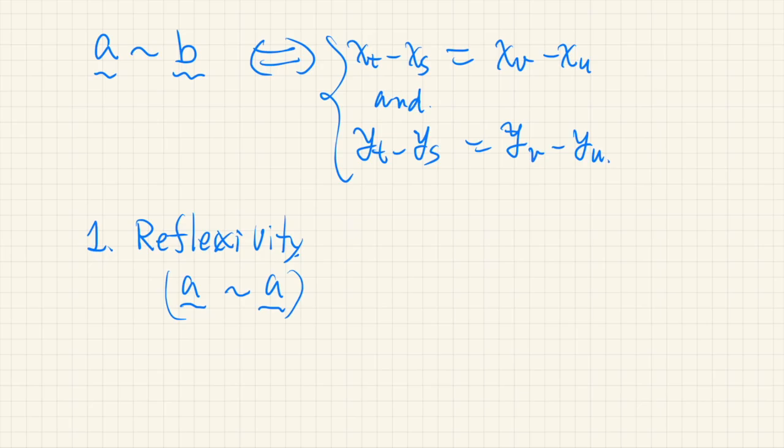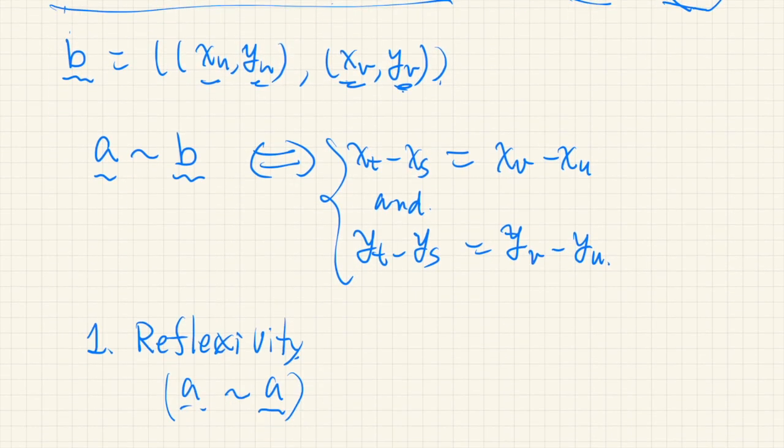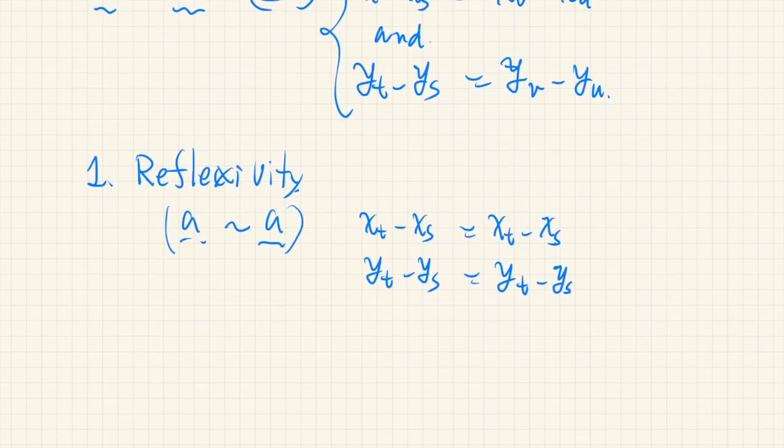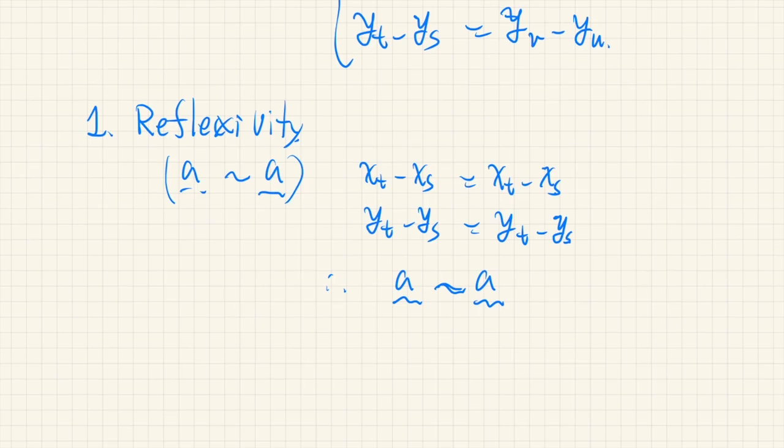Because if we have 2 arrows, A and A, and A is this, then xt minus xs is, of course, equal to xt minus xs. And yt minus ys is, of course, equal to yt minus ys. So by the definition of this relation, A is equivalent to A. And 2, it's symmetry.